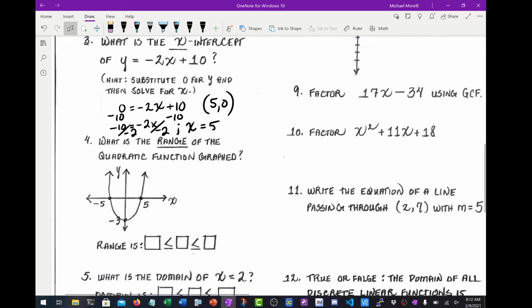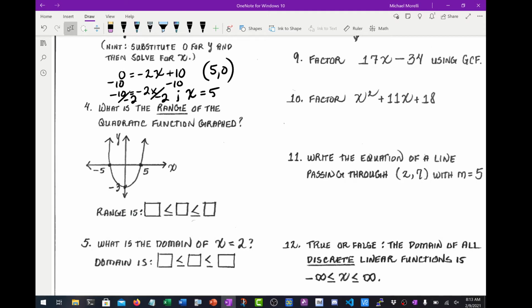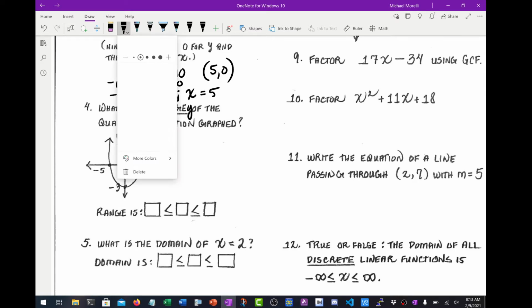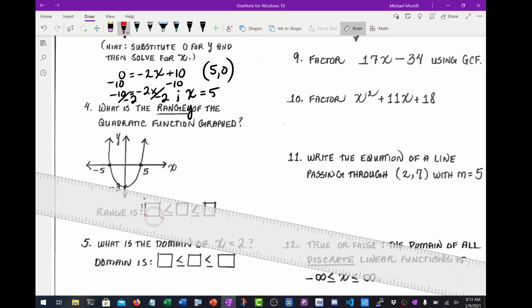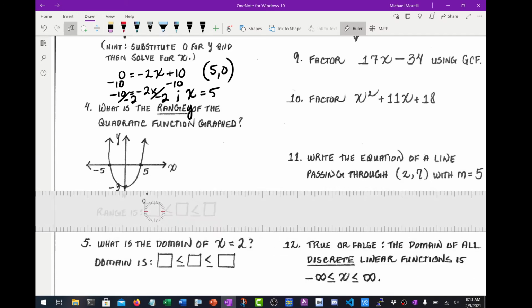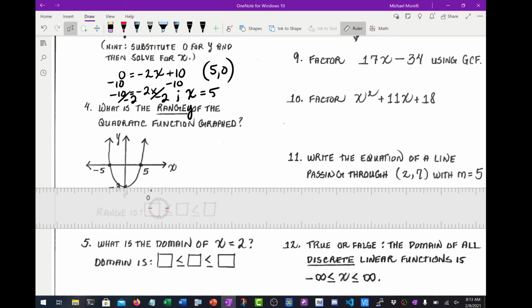Number 4. What is the range of the quadratic function graphed? Remember, range is y, so we're looking at y values. Let me put a box, or a line anyway. Use a ruler here. So the lowest y value is down here. This is the bottom barrier.